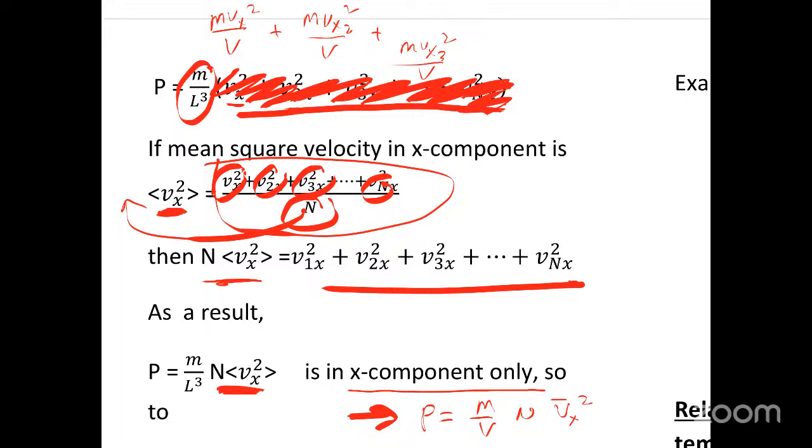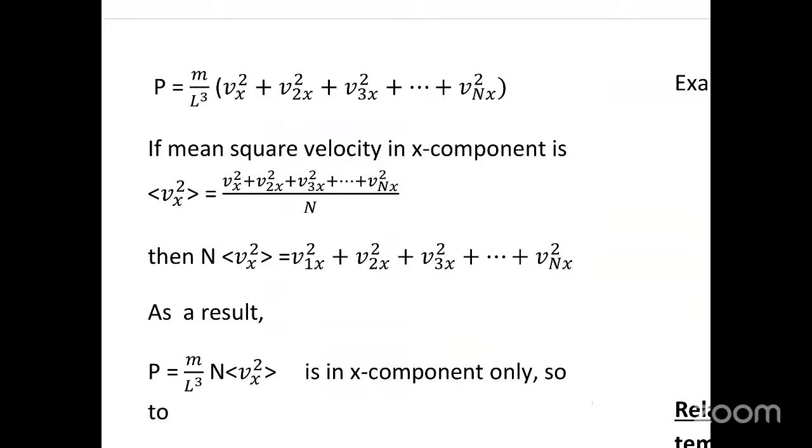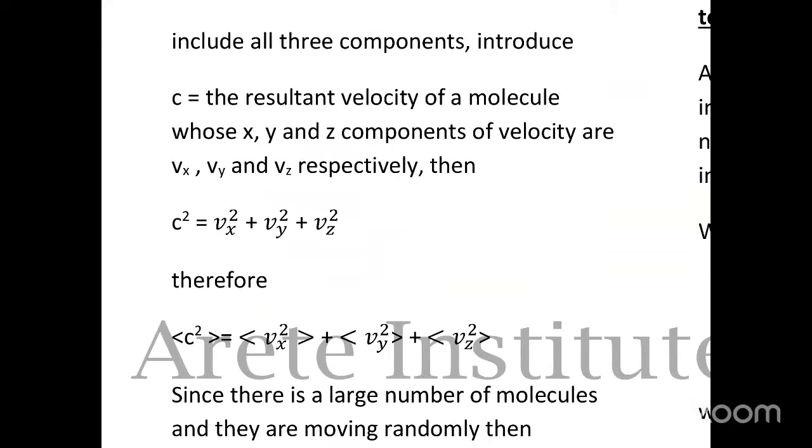Last thing, here comes C. If we find the average of all the directions, you've got to remember the Pythagoras theorem thing. This C squared represents the resultant of these three. So C is the resultant of the velocity in the x, y, and z directions.